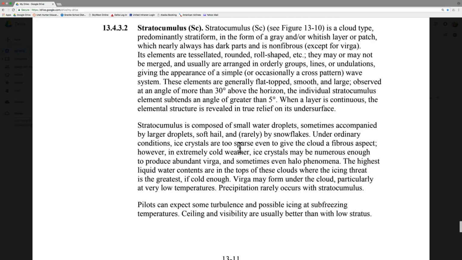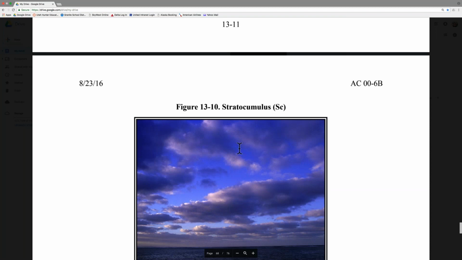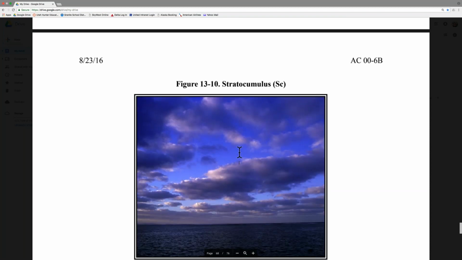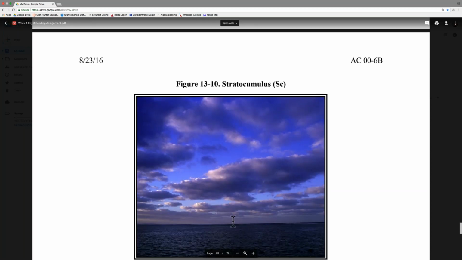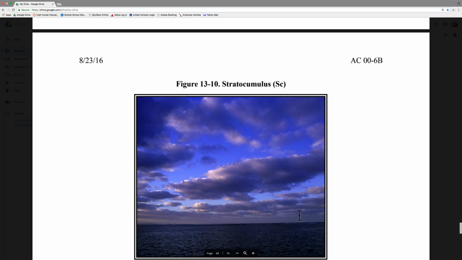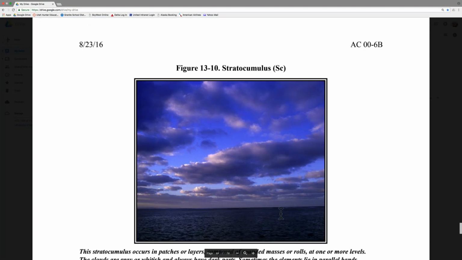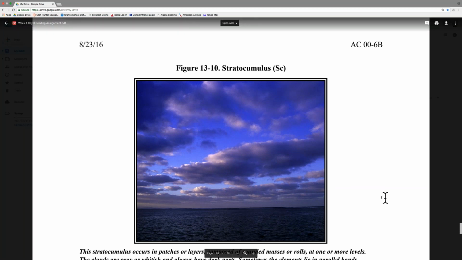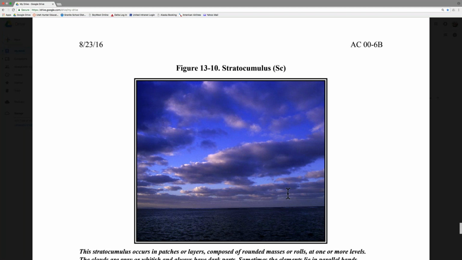So stratocumulus clouds, this is what we typically think of when we think of stratocumulus clouds. It's just a blanket of cumulus clouds.